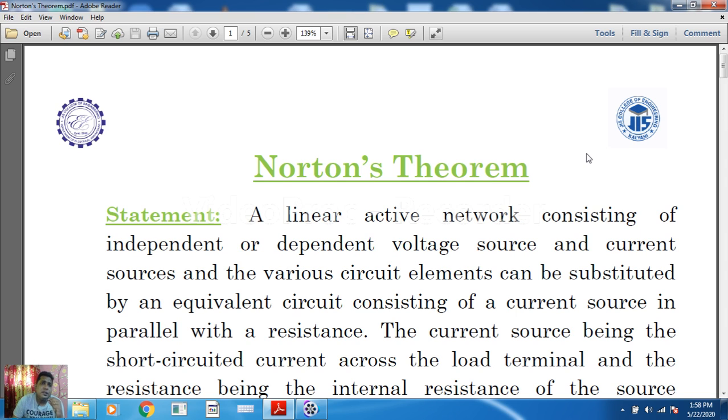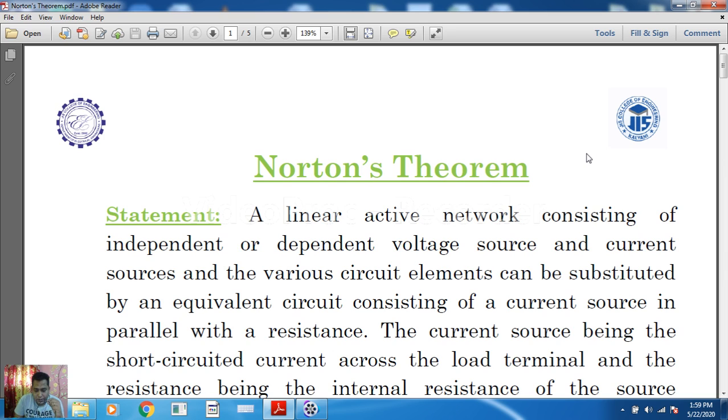In the superposition theorem we have seen some conditions to apply the theorem, and in each case we will see that the same conditions are applied for Thevenin's, for Norton's, for maximum power transfer theorem, whatever the theorem is. So the basic point is that Norton's theorem is basically an application of Thevenin's theorem.